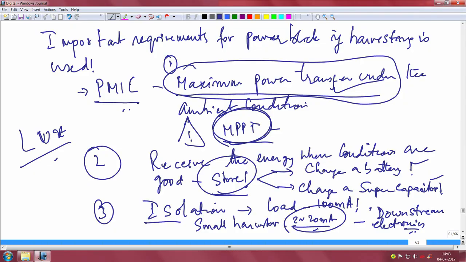You can try this by yourself, but you have to connect the bullets that we spoke of in the previous class. Let me draw your attention to this thing that I spoke: charge a battery, charge a supercapacitor. Receive the energy when conditions are good, store the energy, and the storage can be in terms of charging a battery and charging a supercapacitor.